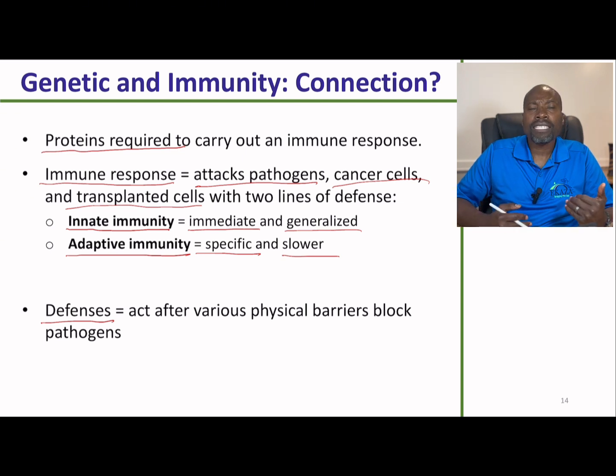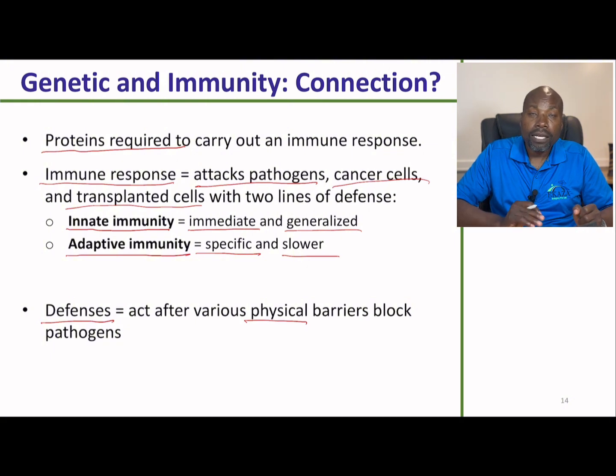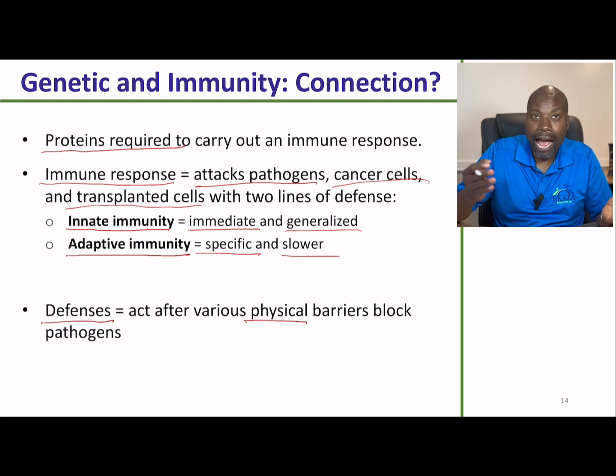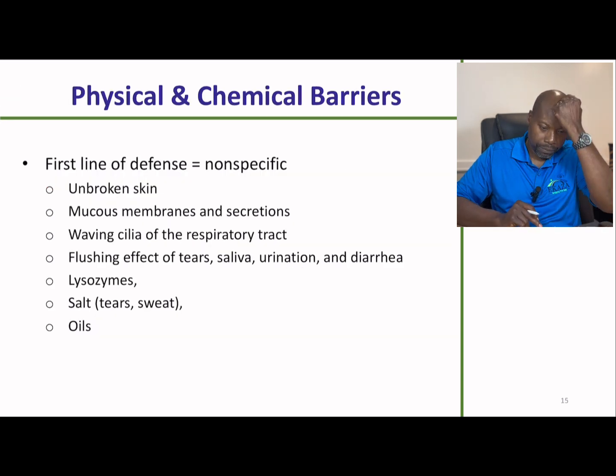And we are going to ask, wait a minute, before we talk about defense, what is our first line of defense? Okay? Our first line of defense is going to be physical, but also chemical, right? So what are these physical barriers that block the pathogens from entering so that you don't have to trigger your defense system to come on?